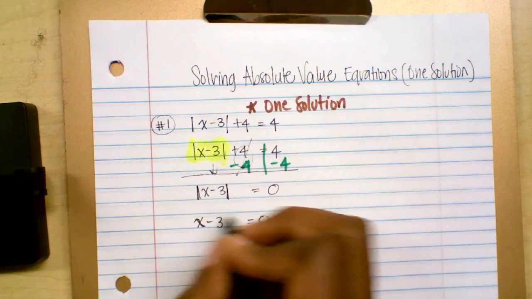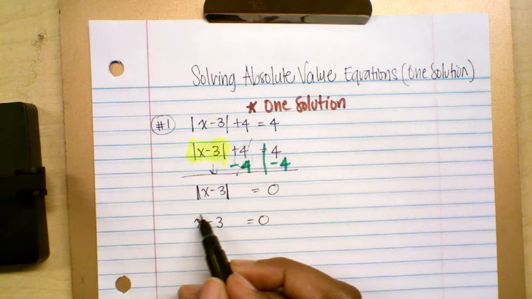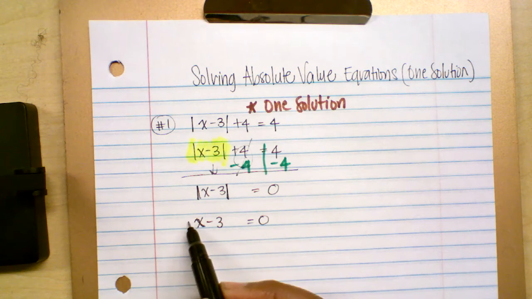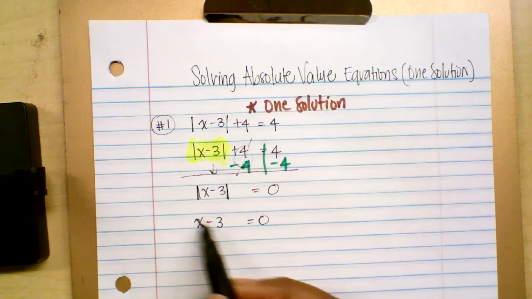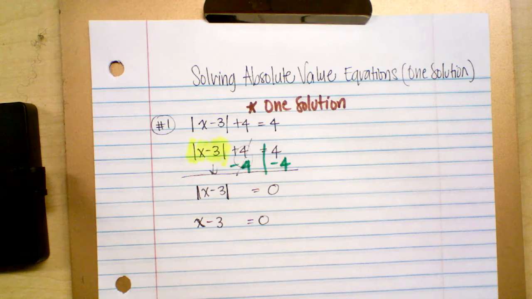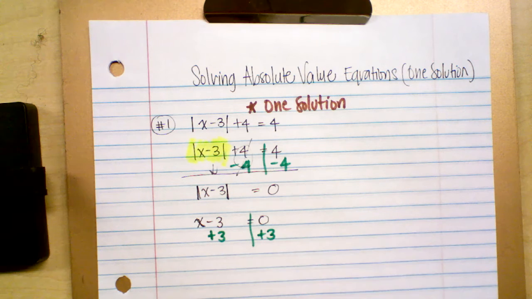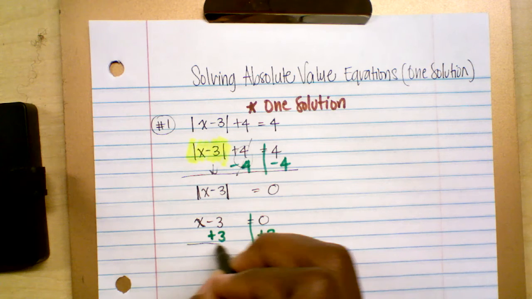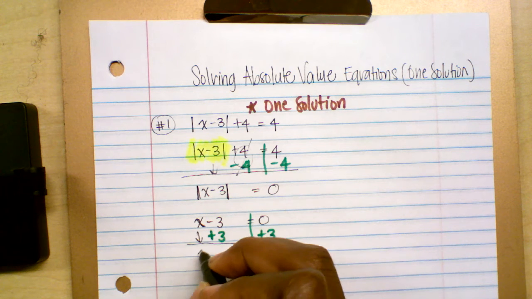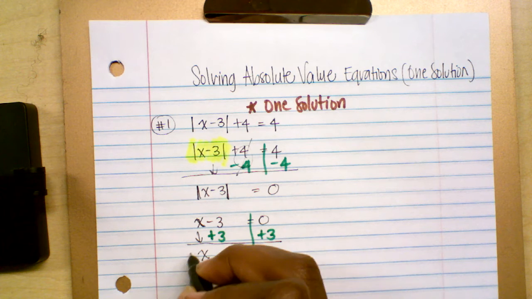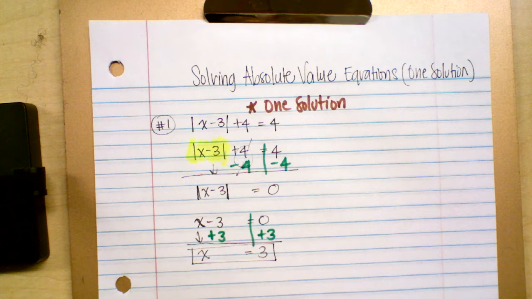And then what do I do here? The goal is to have x by itself. Because you dropped the absolute value symbol, the two vertical lines, now we can add 3 on both sides. The new equation is x equals 3.